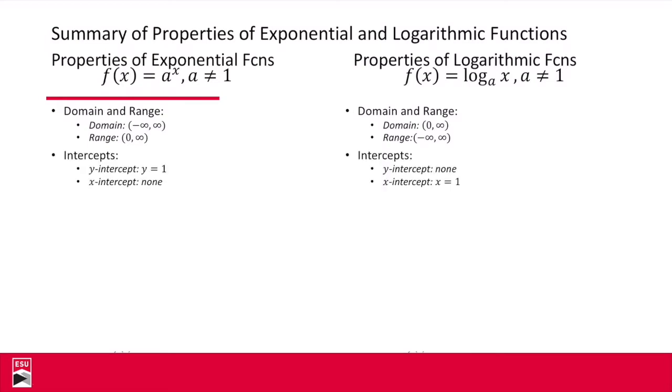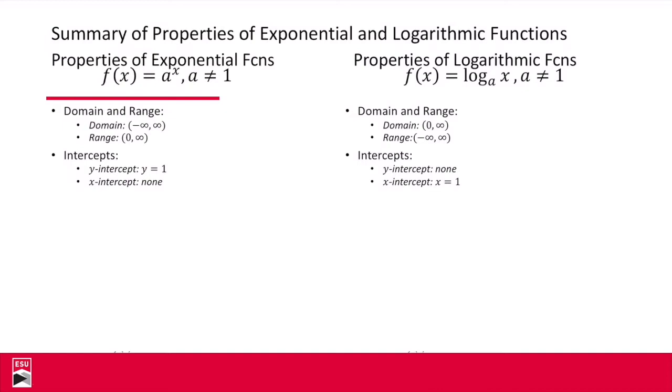The intercepts, so we have a y-intercept at y equals 1. So when x equals 0, the exponential is equal to 1, and the exponential never crosses the x-axis, so there's no x-intercept. And then in our logarithm, because inverses are reflected across the line y equals x, there is no y-intercept because that's where our vertical asymptote is, but our x-intercept is at x equals 1.